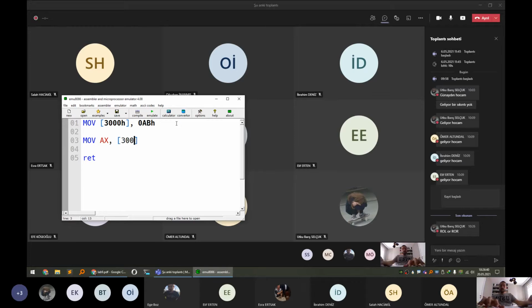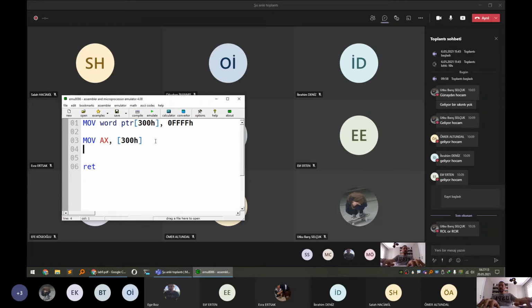By the way, it says word, so this is a wrong usage. We need to put a word in here. It accepts, but I should use word ptr in here and use not 3000, it's 300.